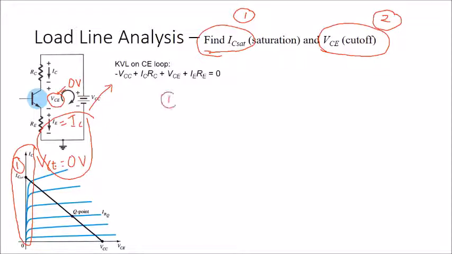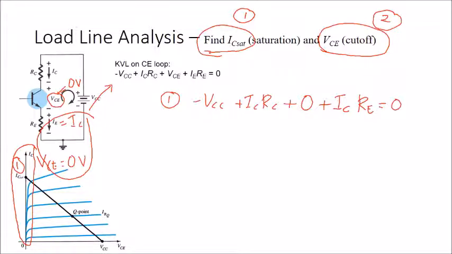So let me put this one first because this is the first point. VCC still remains VCC, and then IC times RC. VCE right now you have the value of 0, and then plus IE. IE right now is going to be IC, and this will be times RE, equal to 0.